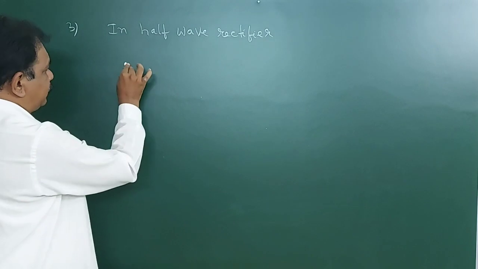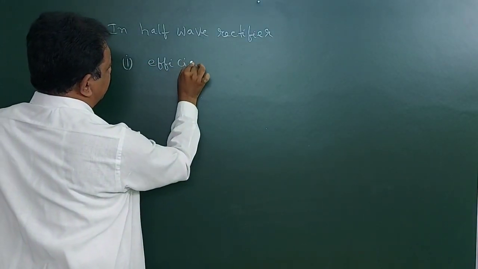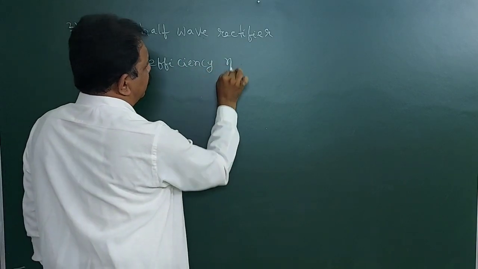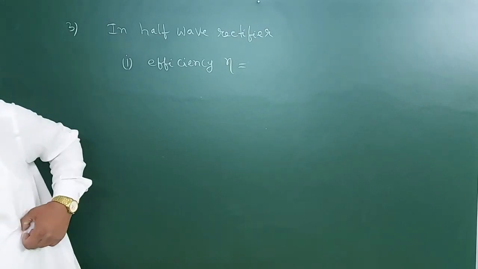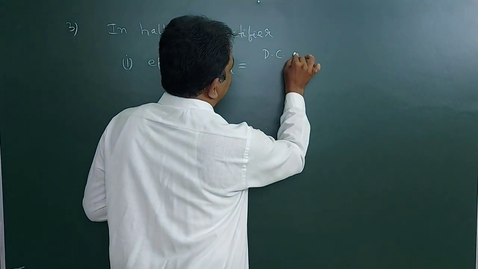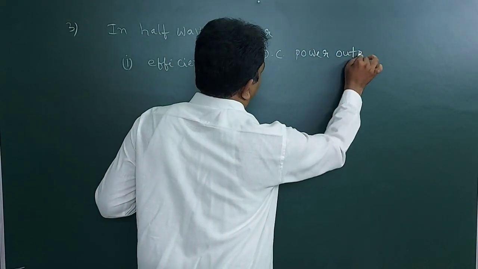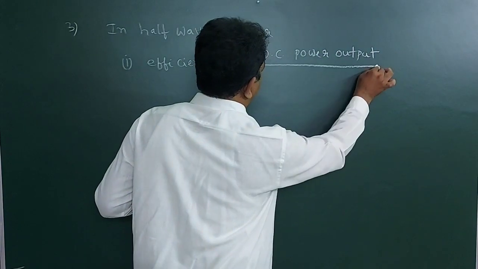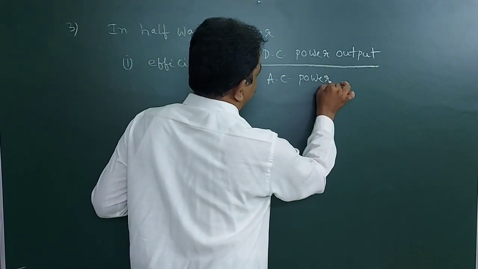They will ask the efficiency formula. Efficiency eta is equal to DC power output by AC power input.